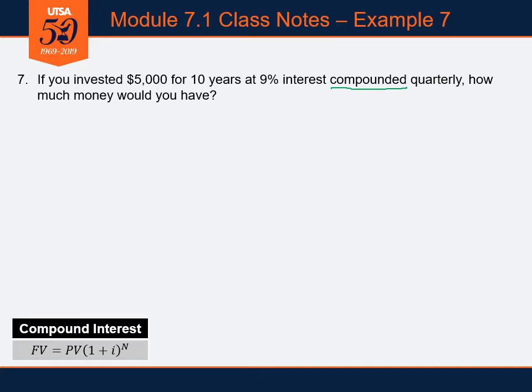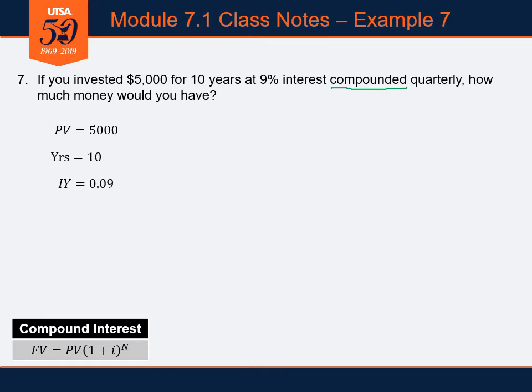Let's parse out the information that we're given here. If you invested $5,000, that's your starting amount, your present value. For 10 years, that's your years, 10. At 9% interest, that's your interest per year.